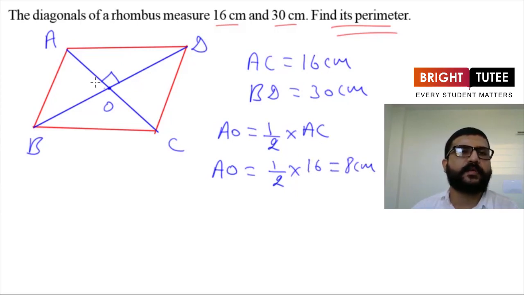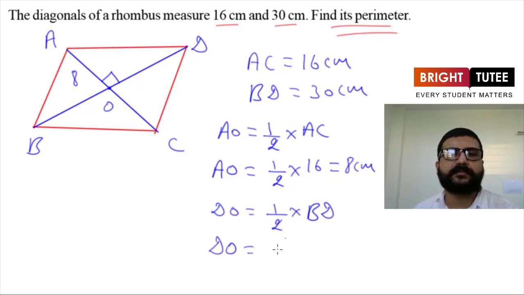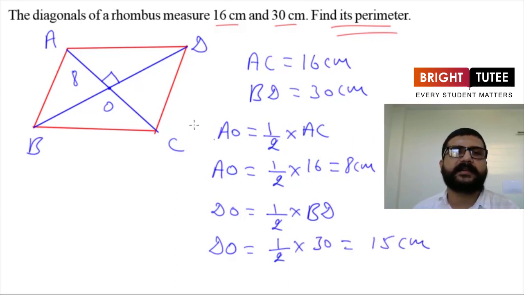So now AO is 8. What about DO? DO will be half of BD. So let's find it out. DO is equal to half of BD. Now BD is 30 centimeters, as we have taken the second diagonal BD to be 30 centimeters. So DO is equal to half into 30. Now this gives us 15 centimeters. So the length of DO is 15 centimeters.